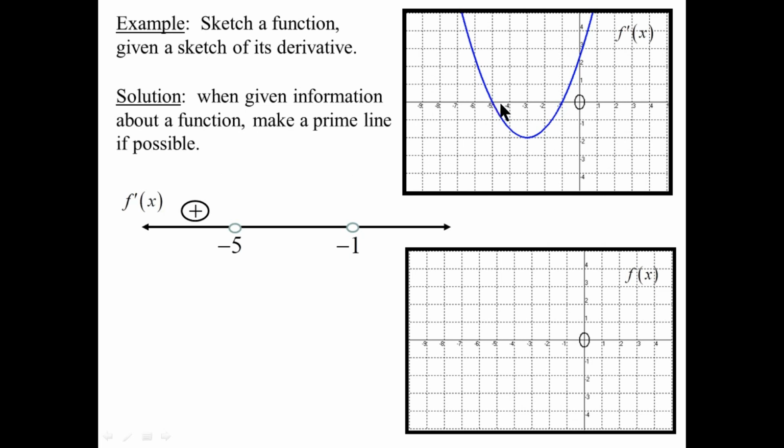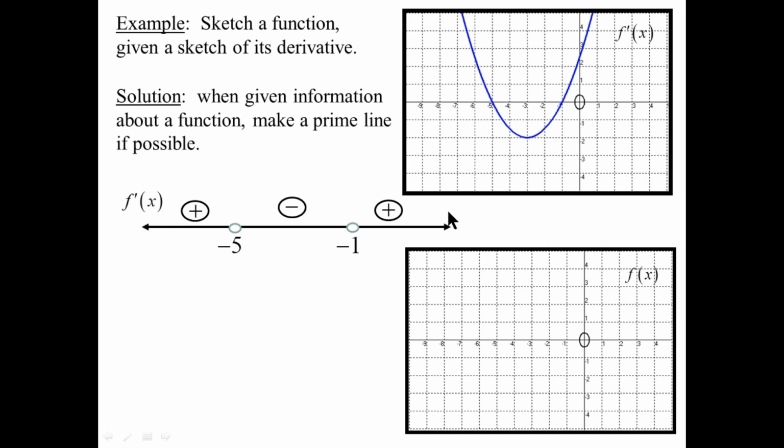And we can see that between -5 and -1, all these y values on this derivative are negative. They're below the x-axis, so we can say that interval is an interval of decrease. And everything to the right of this -1, we can see that the y values of that derivative are above the x-axis, and so they're all positive.